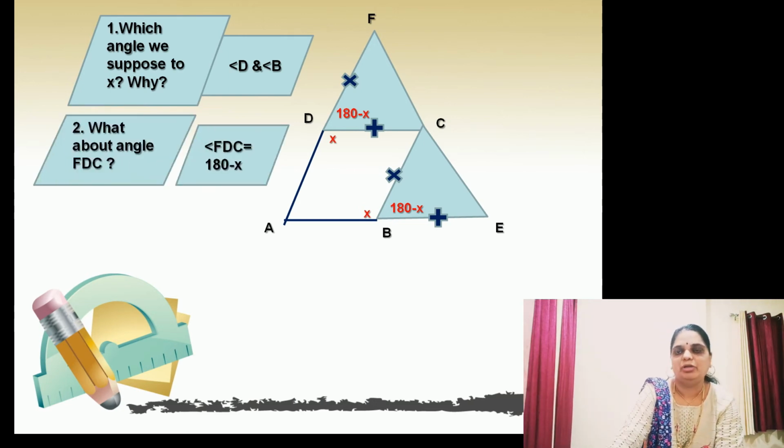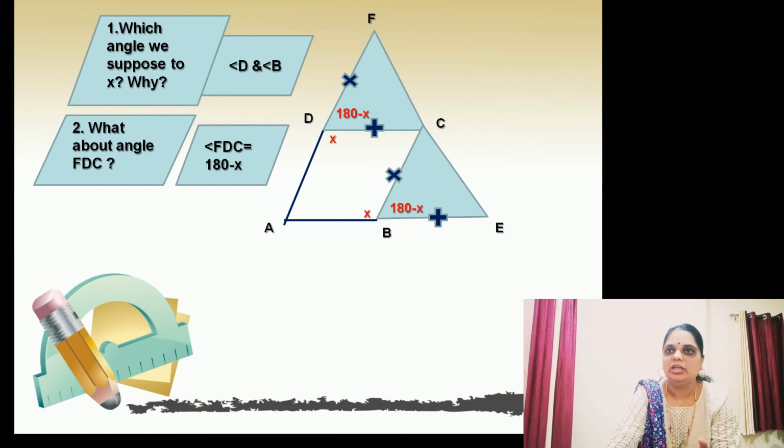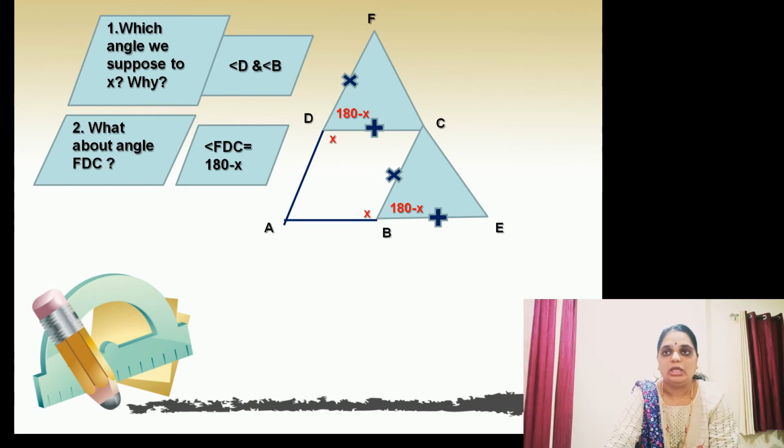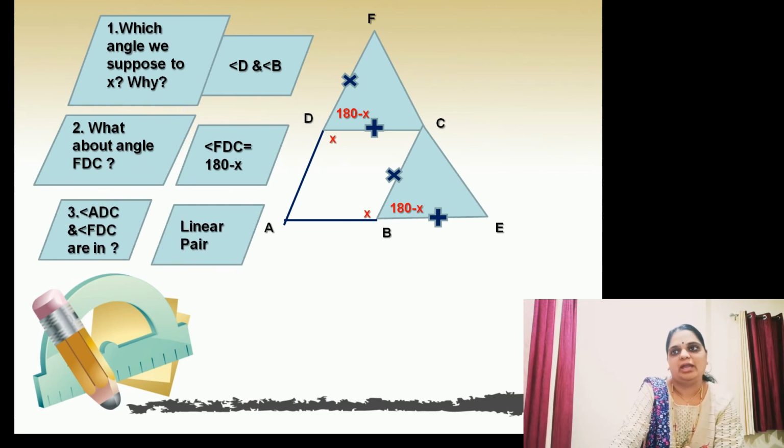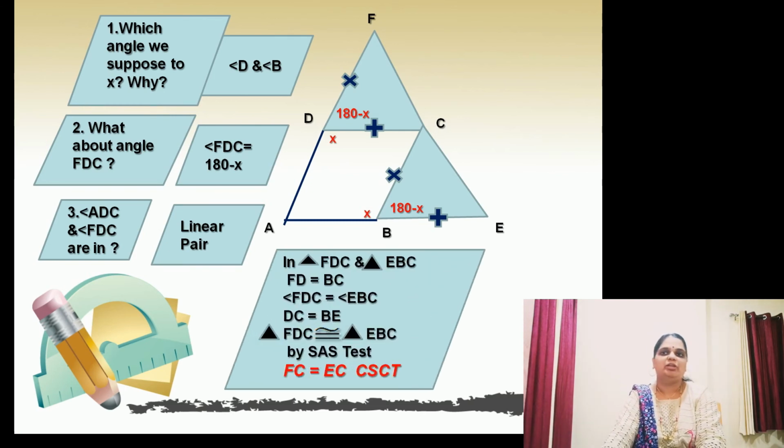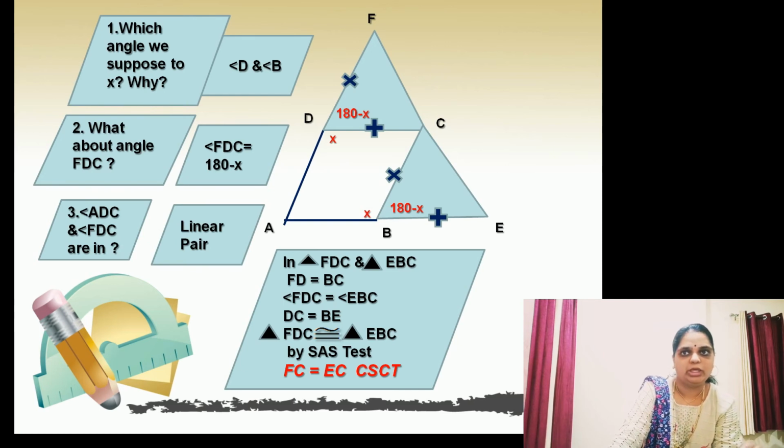What about angle FDC? Observing the figure, angle FDC and angle CDA are in a linear pair, and we all know the property of a linear pair: the sum is 180. So if angle ADC is x degrees, then angle FDC is 180 minus x degrees. So in triangle FDC and triangle EBC, FDC corresponds one to one to EBC.